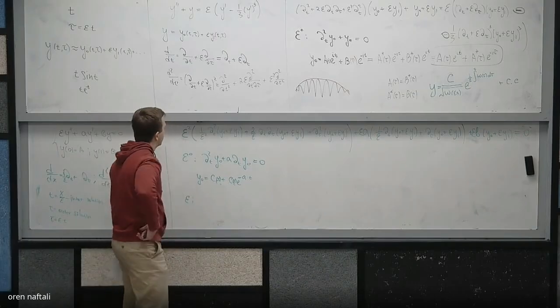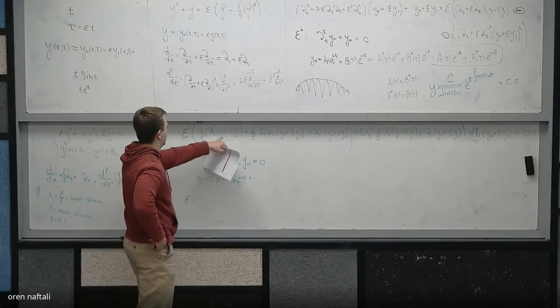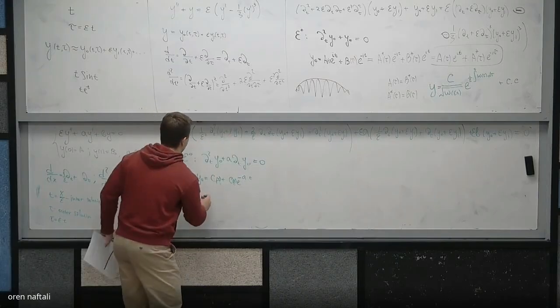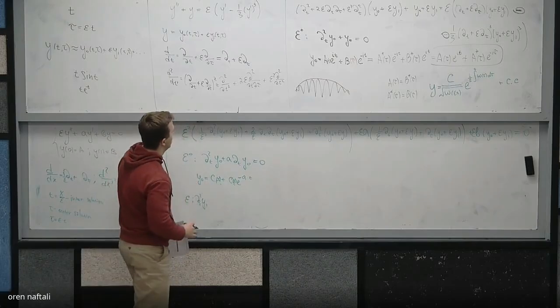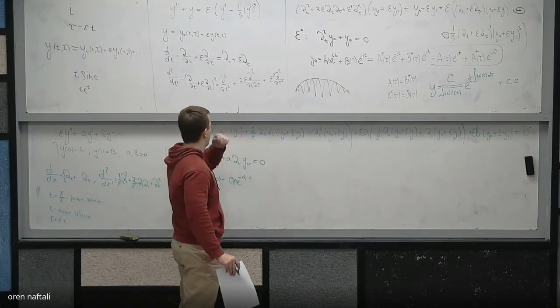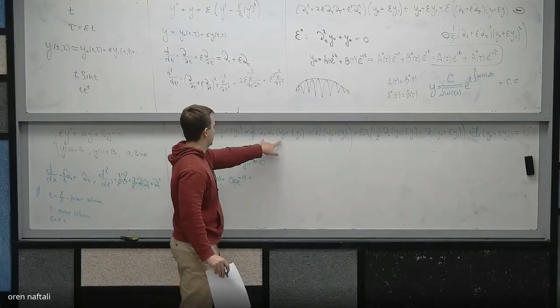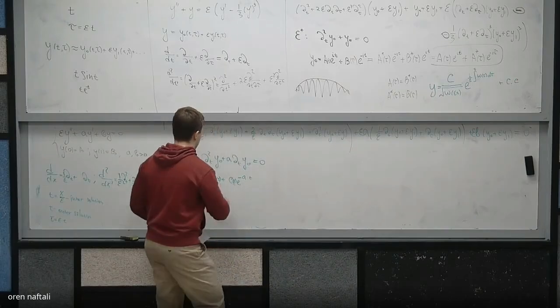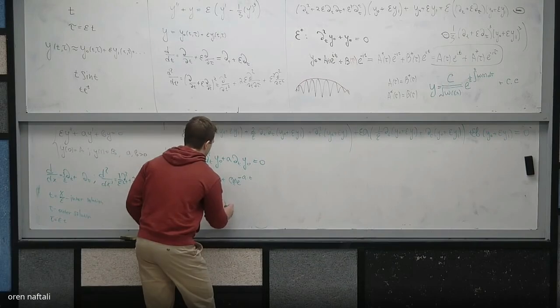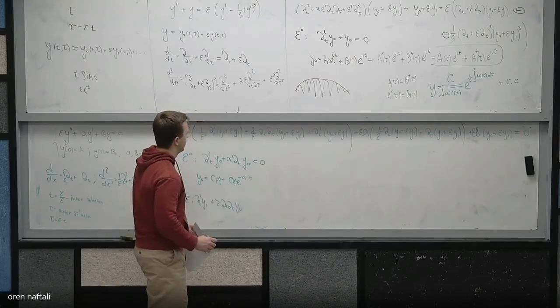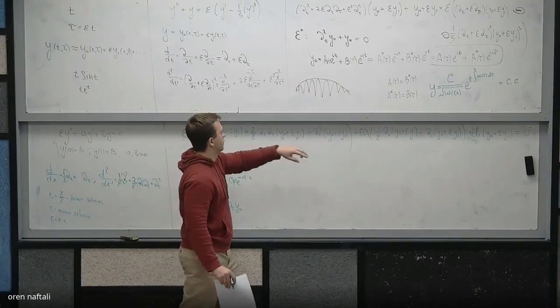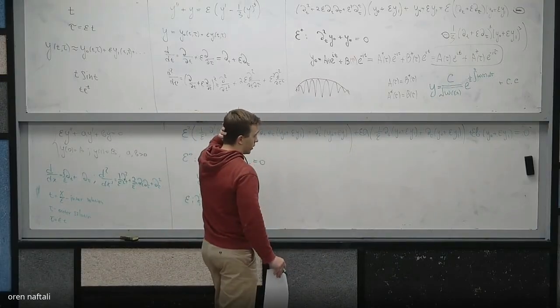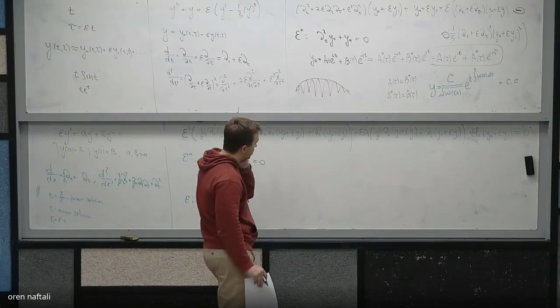Order of epsilon. So for order of epsilon, I have here y1 dt squared. Here I have this cross term, order of epsilon, plus 2 dt d tau of y naught. Okay. From the first term, what do I have? The first one, a dt y naught.